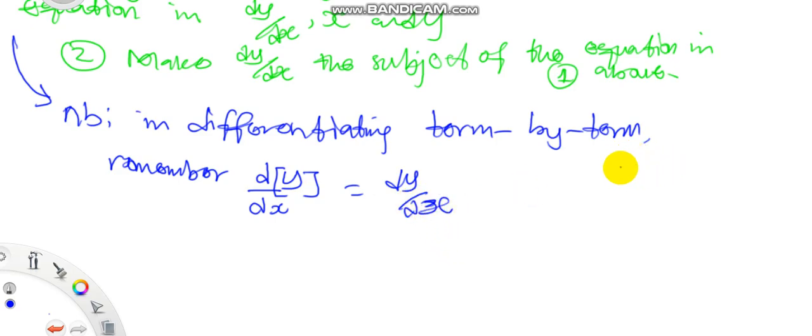Say, for example, you have 3xy plus y equals 3py. If you want to differentiate this y value here, differentiating it will give you dy/dx.